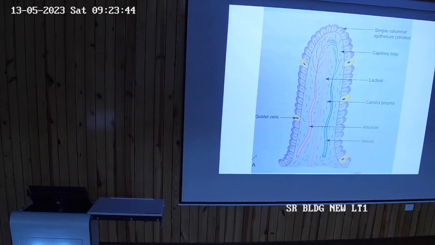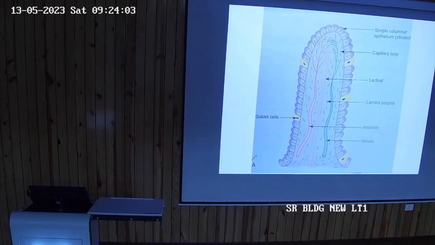Sometimes I have seen that twice or thrice the question asks, what are the contents of villus? So you give the diagram. In the center of the villus there is the lacteal. Lacteal is a lymphatic vessel.